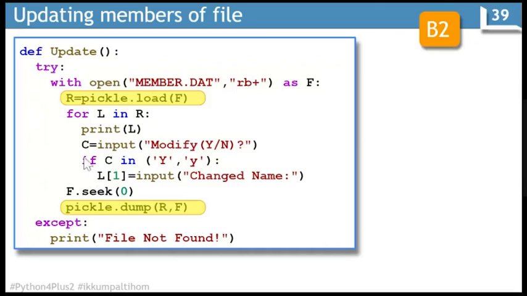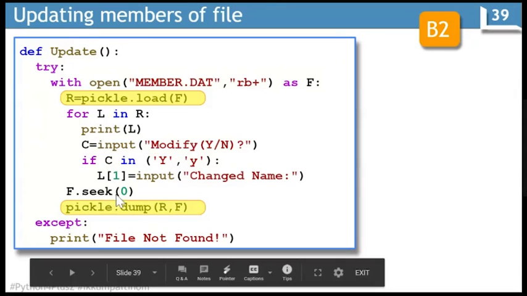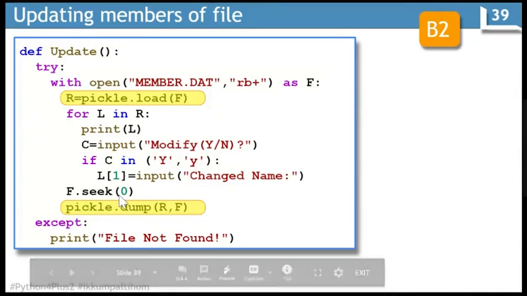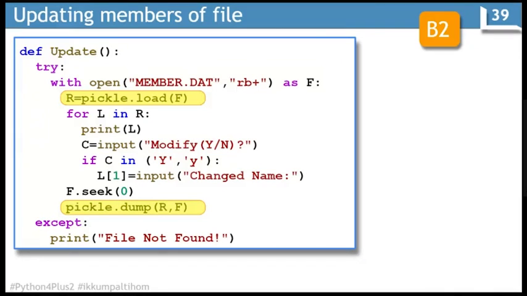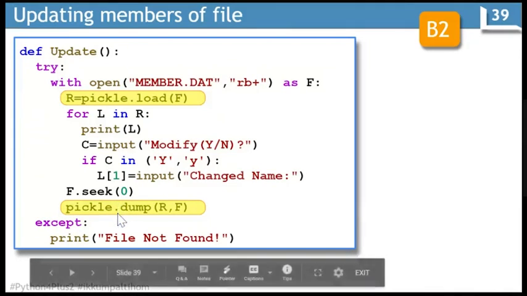And once user has modified all the required lists in the member.dat, with the help of f.seek(0), move the file cursor to the beginning of the file, and then with the help of pickle.dump, we'll save that back into the file.